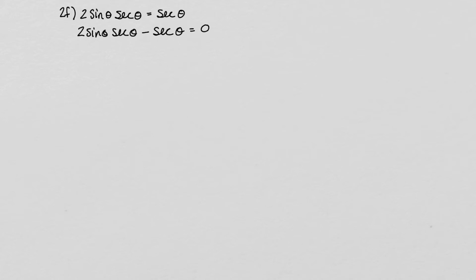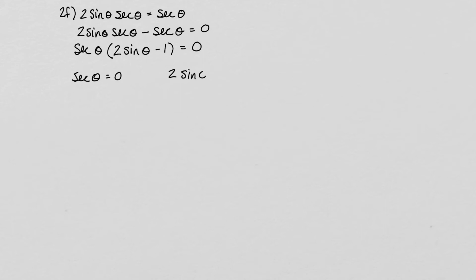If I factor out a secant theta, we're going to have secant theta times 2 sine theta minus 1 equals 0. And again, now I can split it into the two parts. So I can have secant theta equals 0.